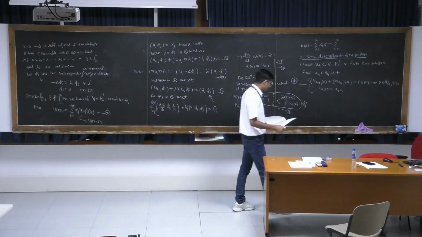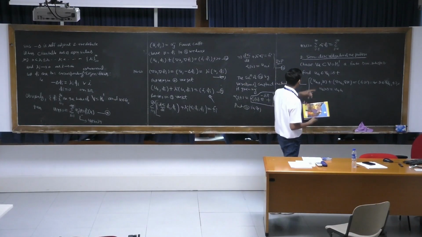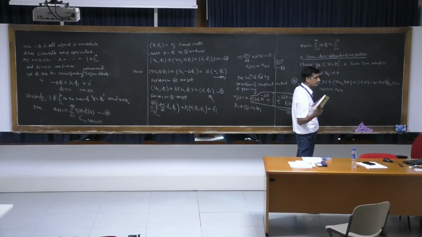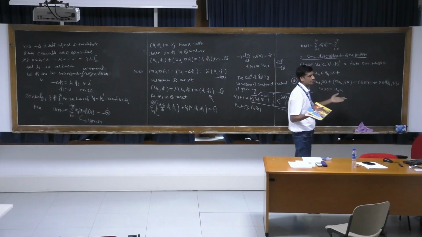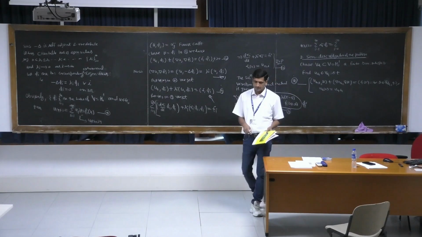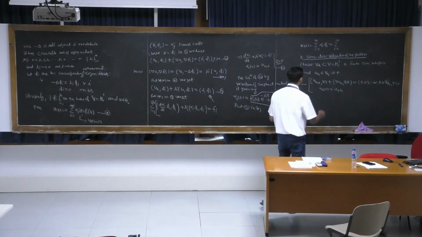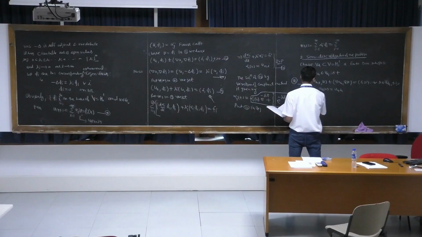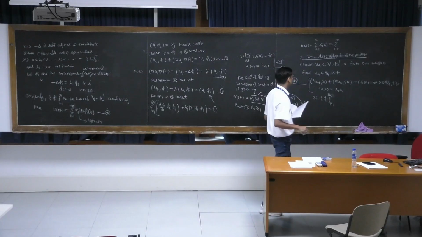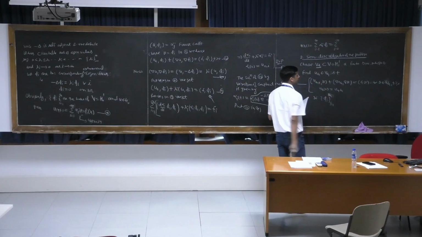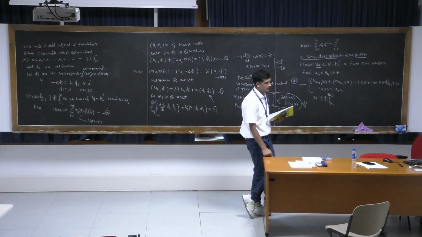Now again, obviously this is a finite dimensional subspace, so it has bases which are finite. So I can choose phi i, i equal to 1 to N_h, where N_h is just notation because capital V_h is the subspace.